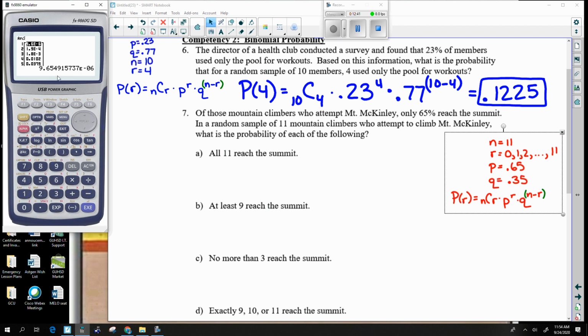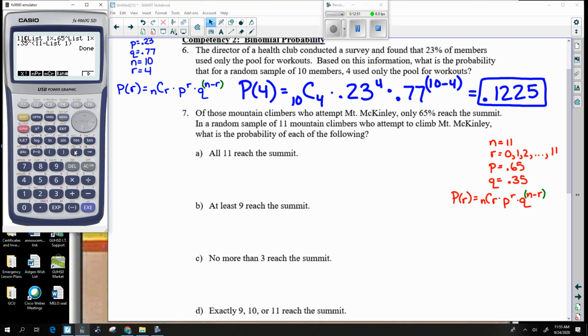So bam, these are the individual probabilities of 0, 1, 2, 3, 4, 5 number of successes from a general probability. So those are the individuals. So what I'm going to do is take that list answer and store it as list 3. That's usually where I put my probabilities.